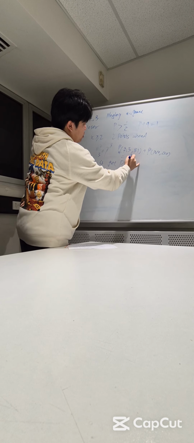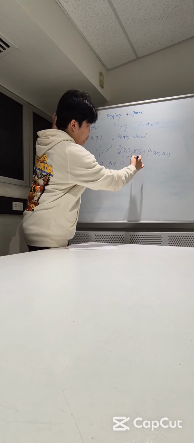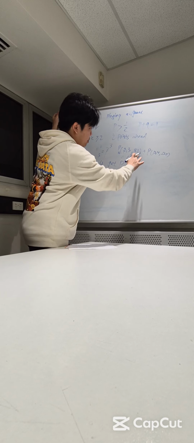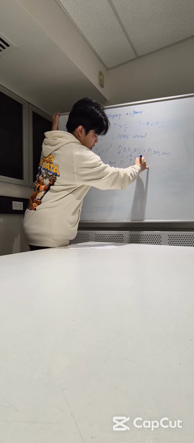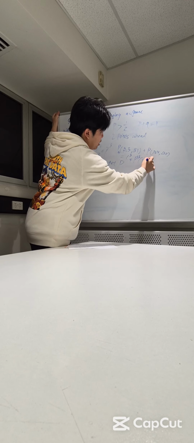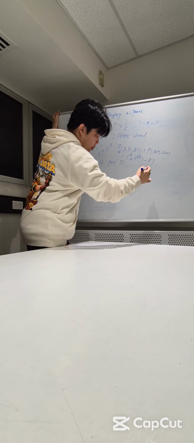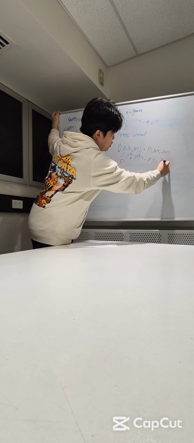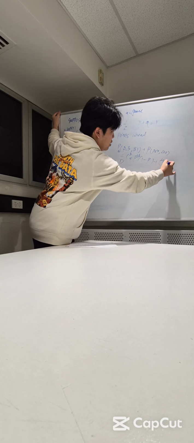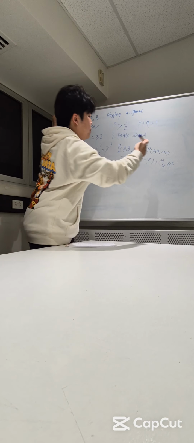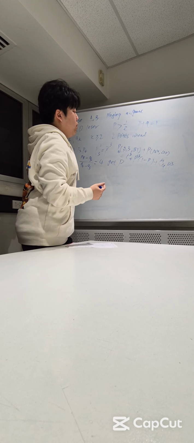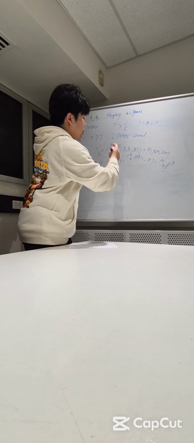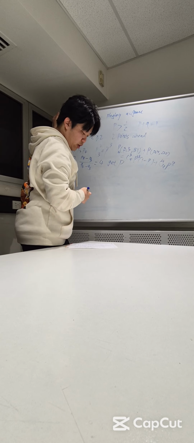We get the combination of 3 over 4 times P cubed times 1 minus P, which is just Q, plus C 4 out of 4, which is just 1, times P to the power of 4, which is very simple.